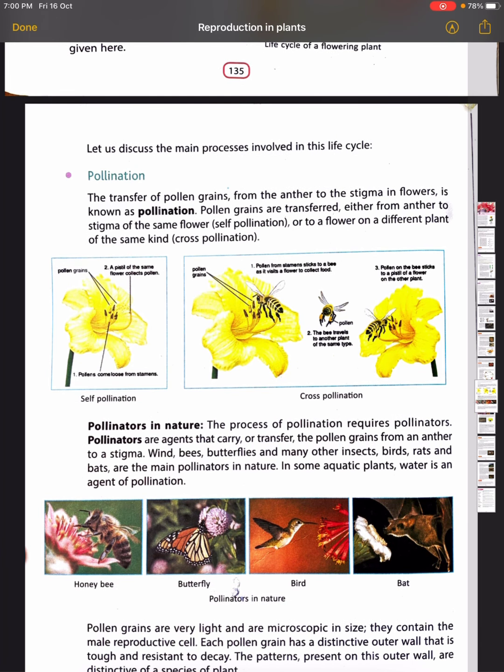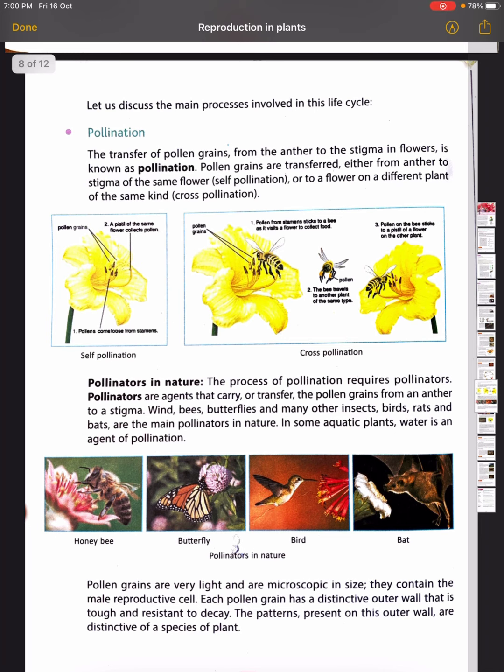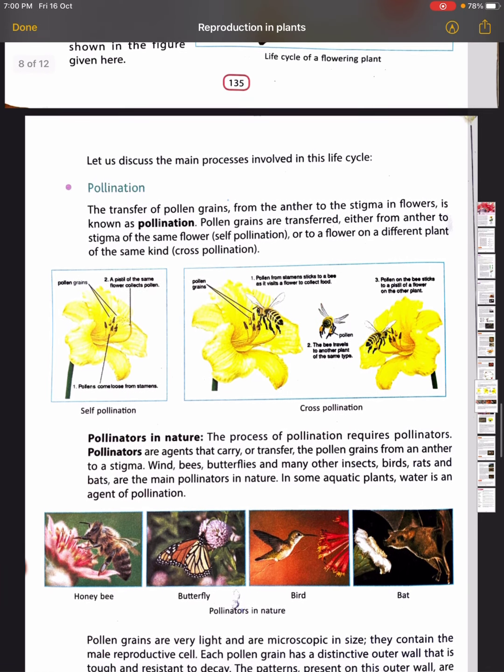The transfer of pollen grains from the anther to a stigma in flowers is known as pollination. Pollen grains are transferred either from anther to a stigma of the same flower, called self-pollination, or to a flower on a different plant of the same kind, called cross-pollination. You can see in this picture.